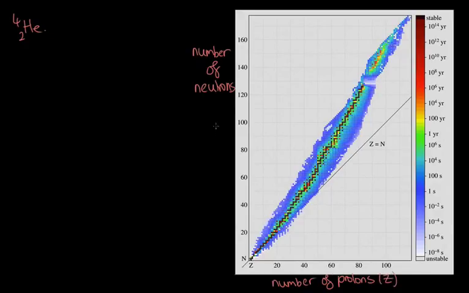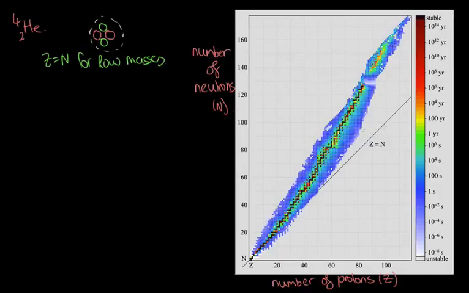So this is the Z, this is the N. And that's because to have a stable isotope for these low mass ones, the strong nuclear force with the 2 protons and the 2 neutrons is enough to overcome that repulsive electrostatic force. And so to have a stable isotope, we have Z is equal to N for low masses.